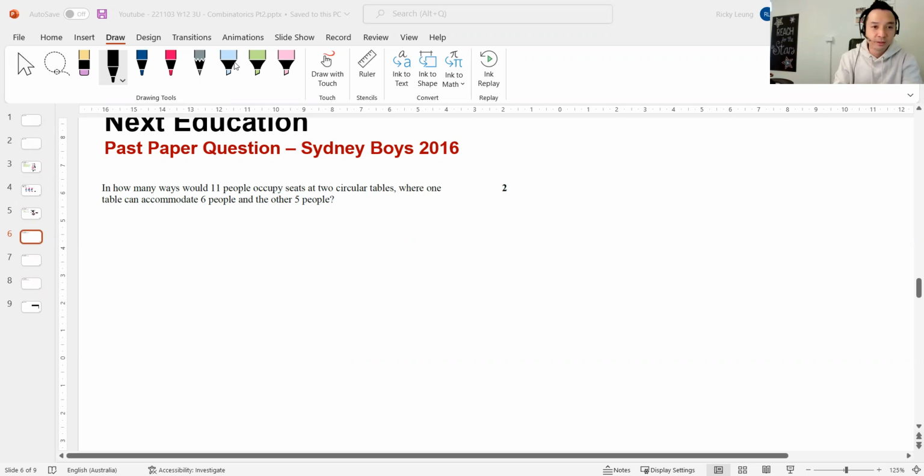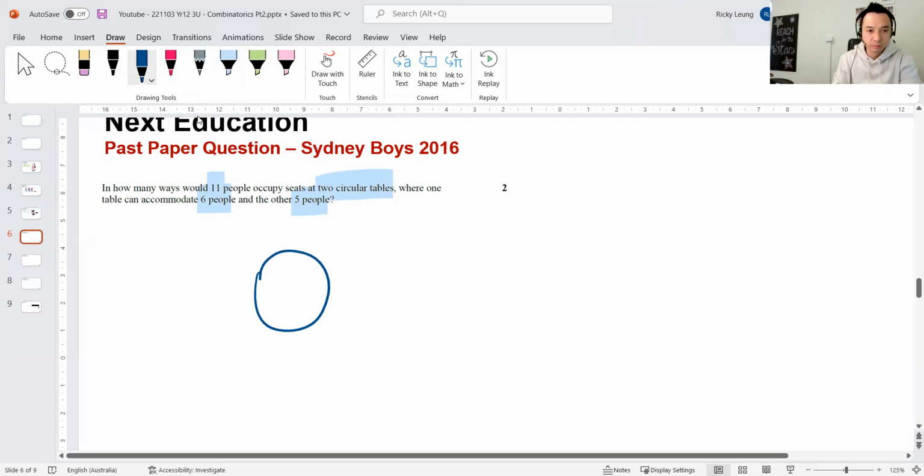Let's read the question. In how many ways can 11 people be seated on 2 circular tables that can accommodate 6 people and 5 people? So I've got 2 tables. Table 6, table 5. From the 11 people, conceptually I'm going to choose 6 to arrange, and then from the remaining, choose 5 to arrange.